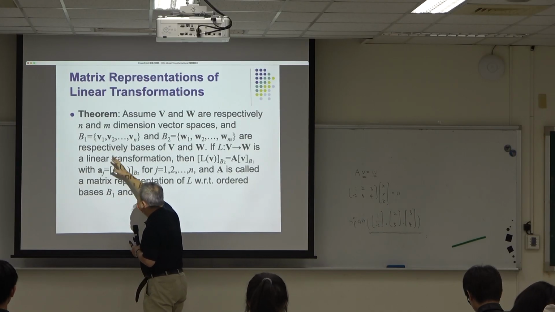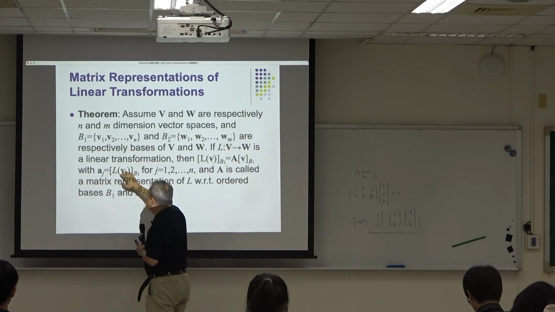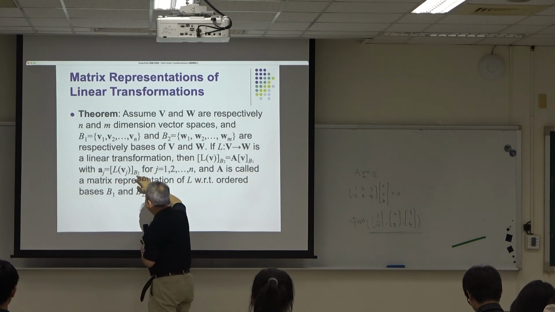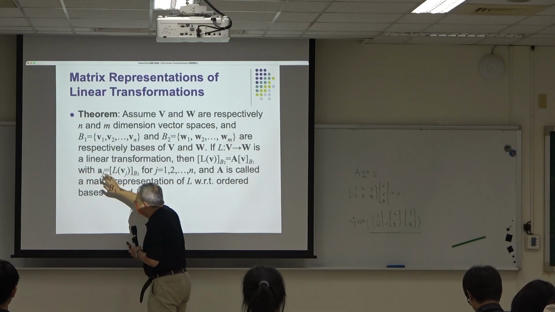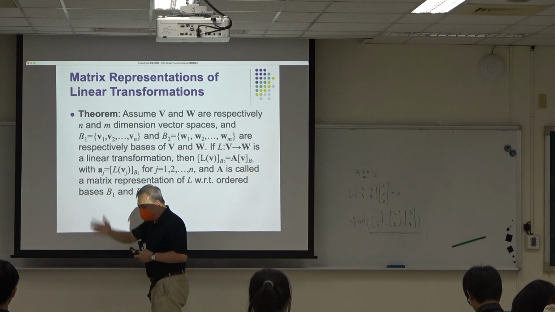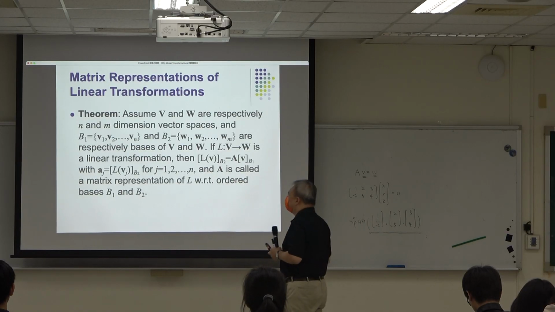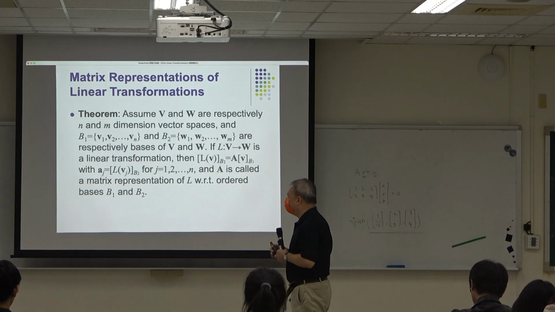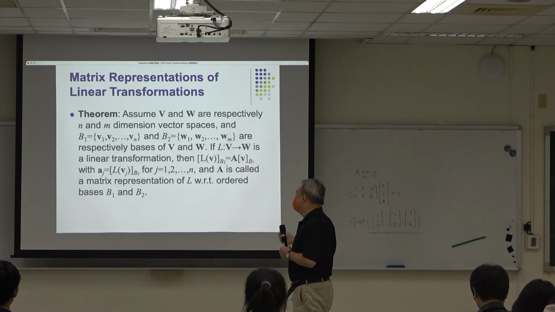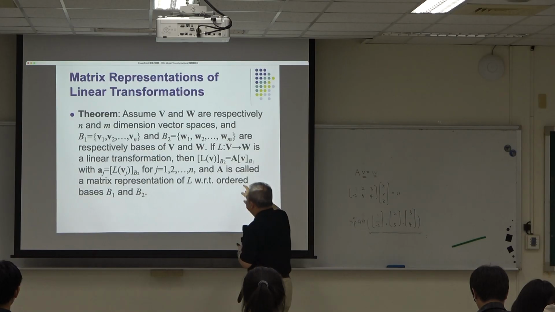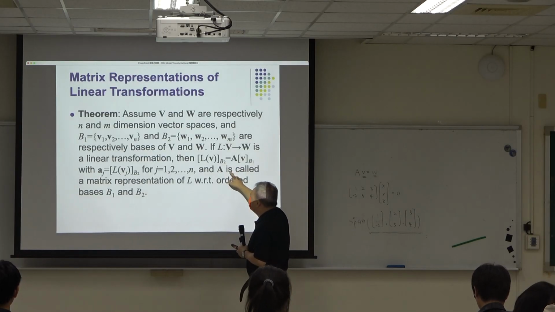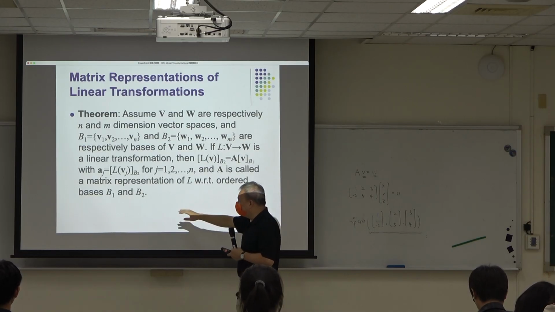So you plug B1's basis vector into the linear transformation, and then represent that in B2 to get the coordinates. That coordinate vector is your column vector. You do that for every basis vector in B1, and that's how you get your matrix A. A is called the matrix representation of L with respect to the ordered bases B1 and B2.